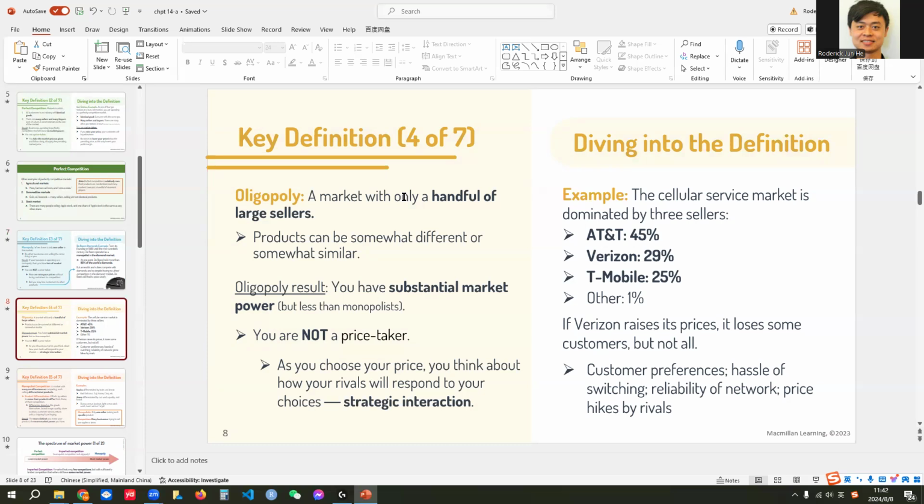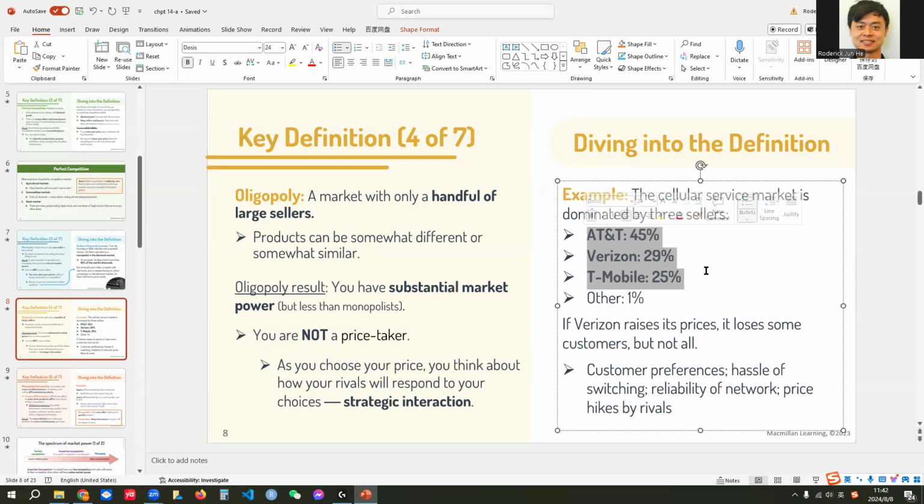You're not a price taker, but you should think about how your rivals will respond to your choices. That is what we call strategic interaction. For instance, look at the cellular services market. The entire market is mainly occupied by AT&T, Verizon, T-Mobile, and including their derivatives. For instance, Cricket, right? Stuff like that.